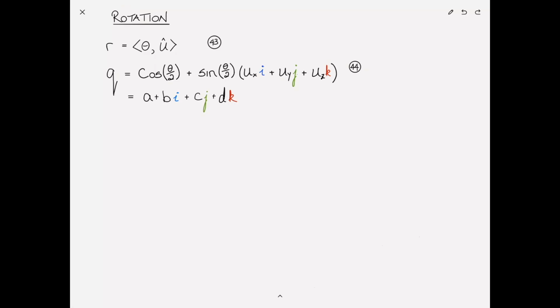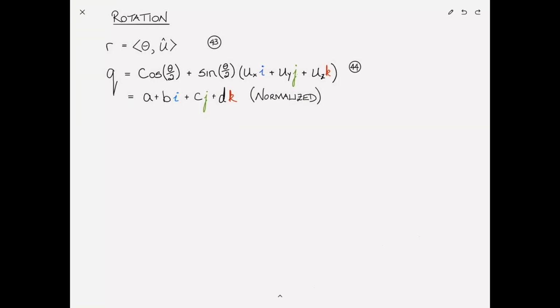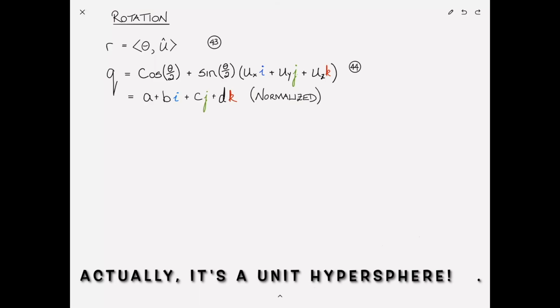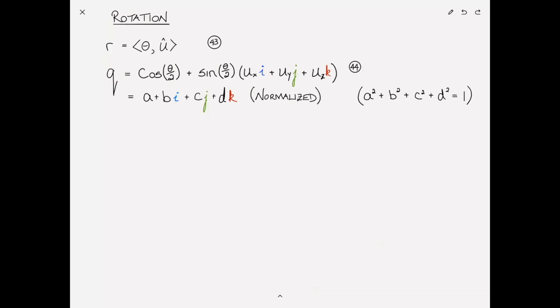Let's just make the point that this quaternion is normalized, much in the same way how in complex analysis we used a normalized rotation vector, or as we described it, a vector that lies on the unit circle. So we've done the same thing here, only instead of a unit circle, we're dealing with a unit sphere here. So we know as a result of this that a squared plus b squared plus c squared plus d squared is equal to 1. This gives us a magnitude of 1.